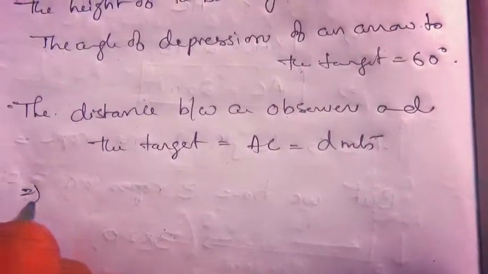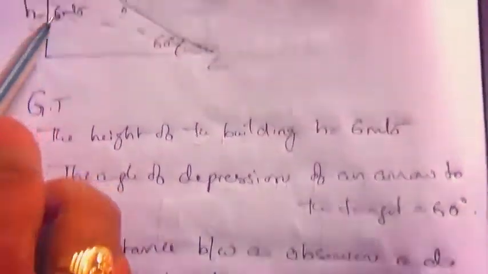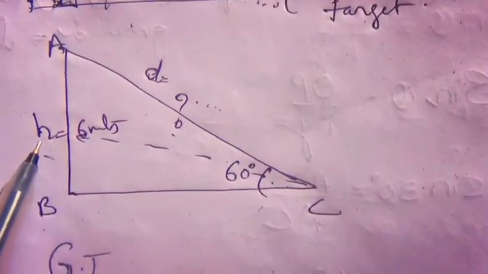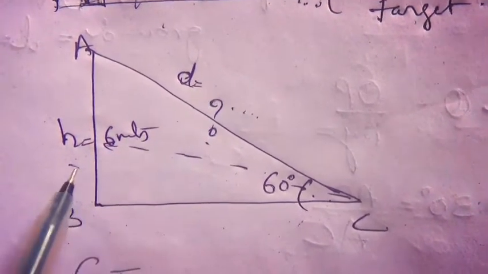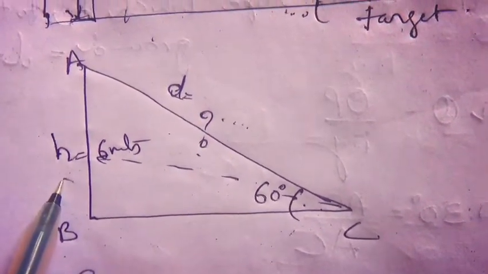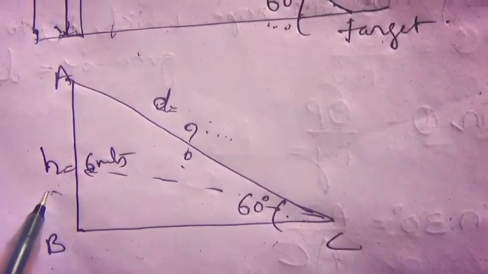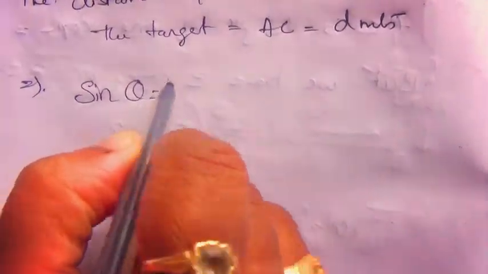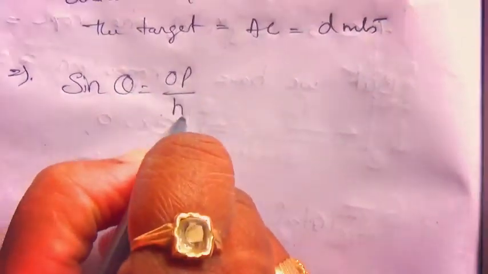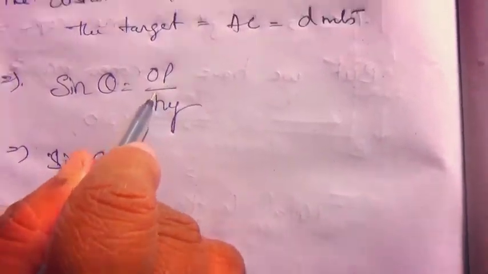Okay, so look at here, for 60 degrees, it is the opposite side, and this is the hypotenuse. Which trigonometric ratio do we have to take to find the hypotenuse with the opposite side? So sine I am choosing here. Sine theta is equal to opposite by hypotenuse. That implies sine 60 degrees is equal to, what is the opposite side?